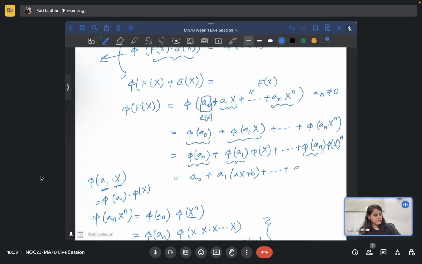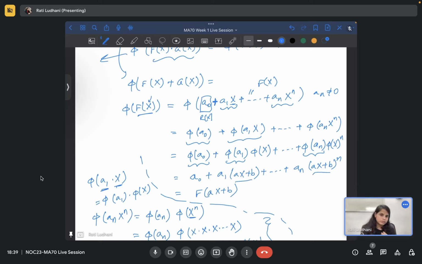Phi of an is an, and phi of x is (ax plus b) raised to power n. Can you tell me what I can write it as in terms of f? f of ax plus b. Exactly. You replaced x with ax plus b, because at the place of x, ax plus b is coming.